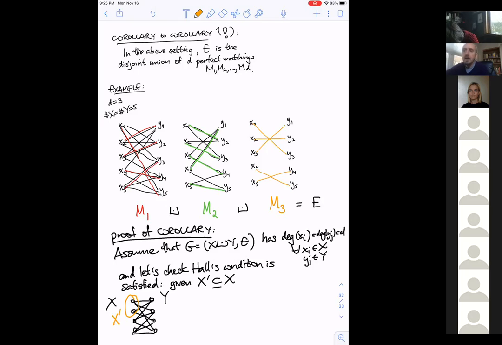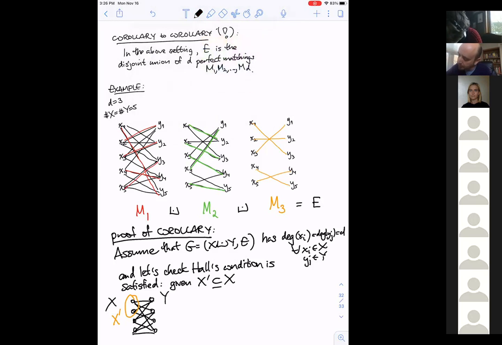Suppose I take some subset of vertices X prime on the left. What I'm going to do in order to show you that the number of neighbors for that subset is at least the size of X prime is I'm just going to look at the graph that I get on the vertices X prime and the neighbors of X prime.